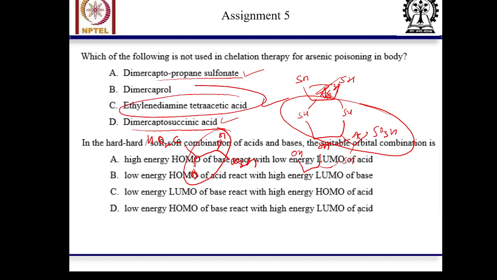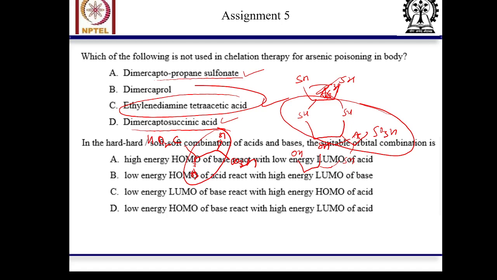Second is in hard and soft combination of acids and bases, the suitable orbital combination is. Now again we have to find out which is the suitable combination. So in hard, I told you like, low energy HOMO of base reacts with high energy LUMO of acid.